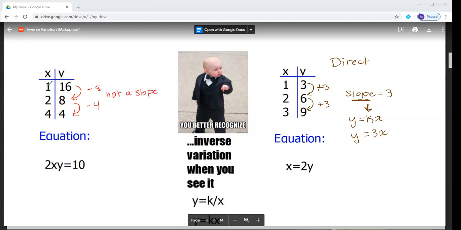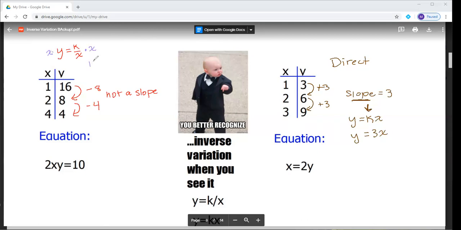Okay. There is another pattern here, and I don't know if you guys have picked up on it yet. We talked about on the previous slide that to find k, if you have y equals k over x, I would solve for k by multiplying both sides by x.